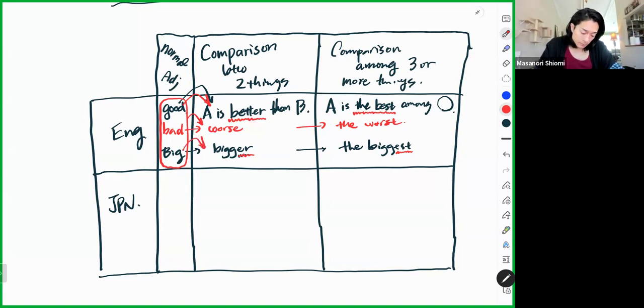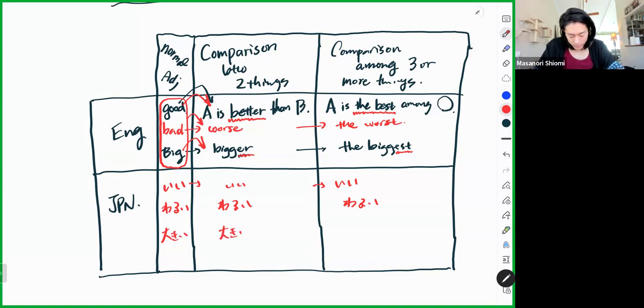But at least, for example, いい will stay いい here, and then it will also stay as いい here. 悪い is bad, 悪い will stay as is. And then 大きい is big. 大きい will also stay as is. So in that sense, at least for this grammar point, it is a lot simpler in Japanese, right?